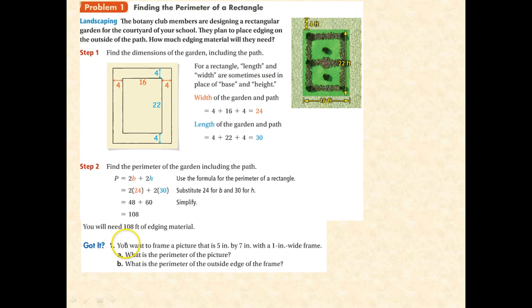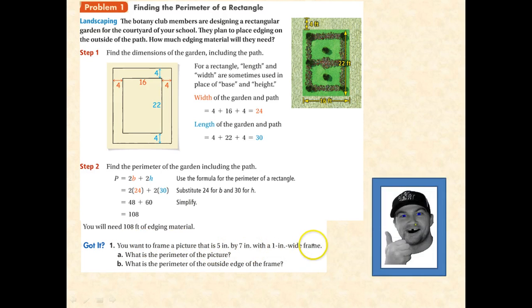Okay, welcome back. You want to frame a picture that is 5 inches by 7 inches with a 1 inch wide frame. So here's a picture that's 5 inches by 7 inches with a frame that's 1 inch wide. We got 1 inch here, 7 inches there, and 1 inch there.